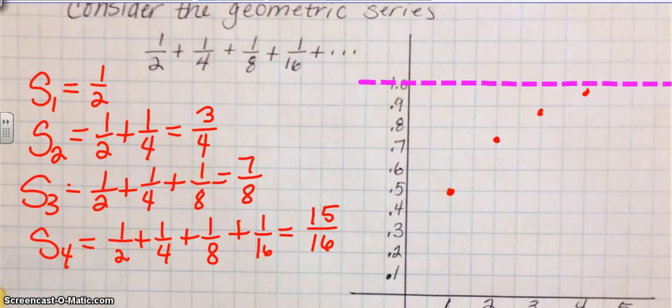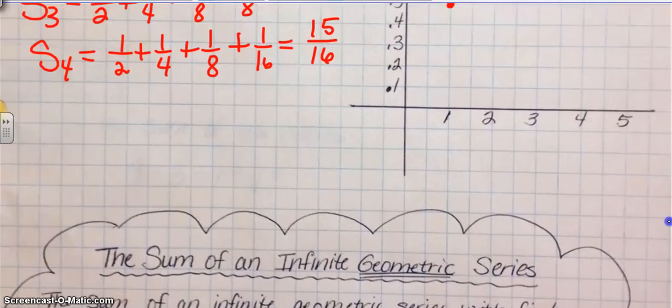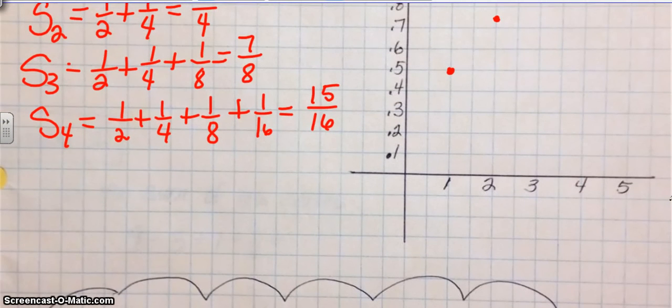So what I want to do is think about the formula for our geometric series. And the formula is this. S sub n is equal to 1 minus r to the nth over 1 minus r times a sub 1.